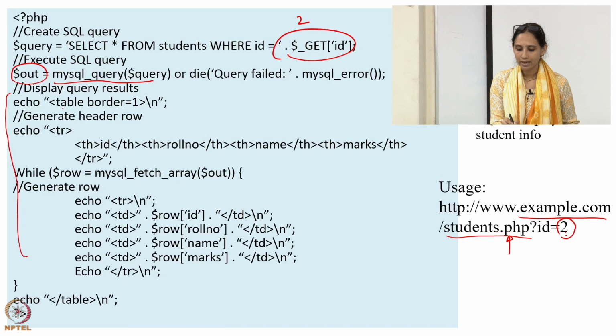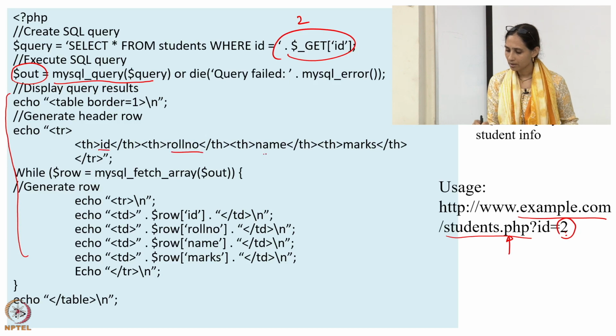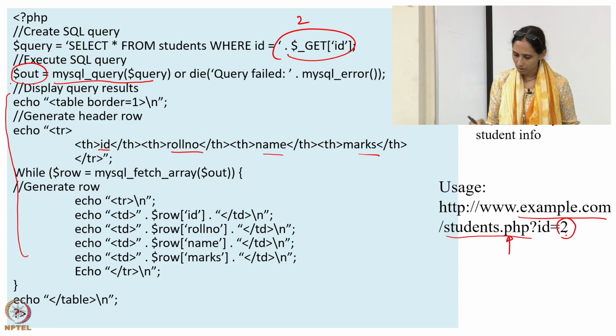Echo means just print this table with ID, roll number, name, marks, and then parse this output. So, this row is nothing but fetch this array and put it like this.